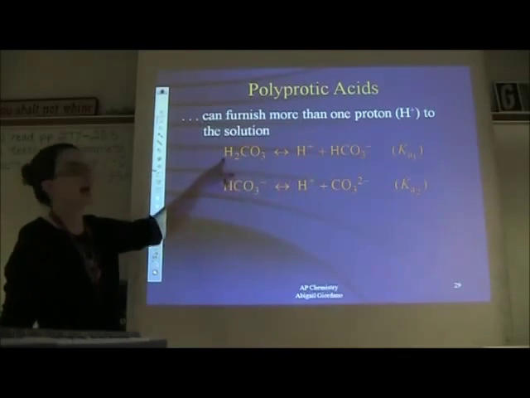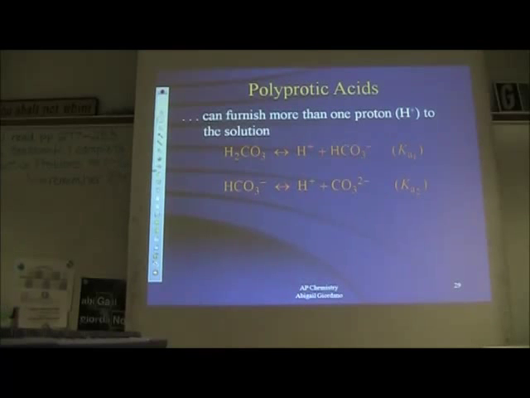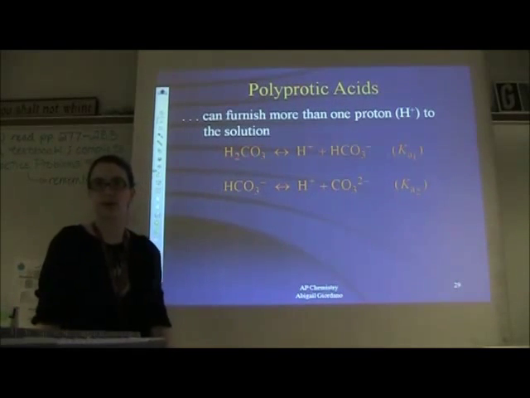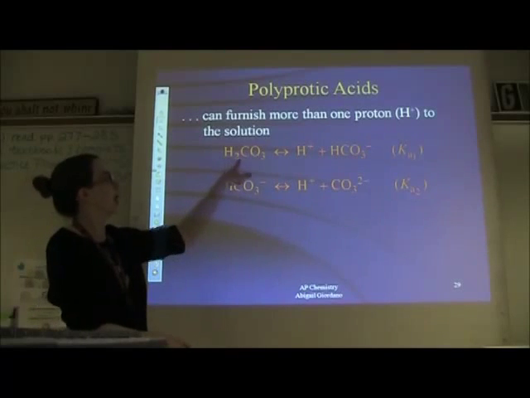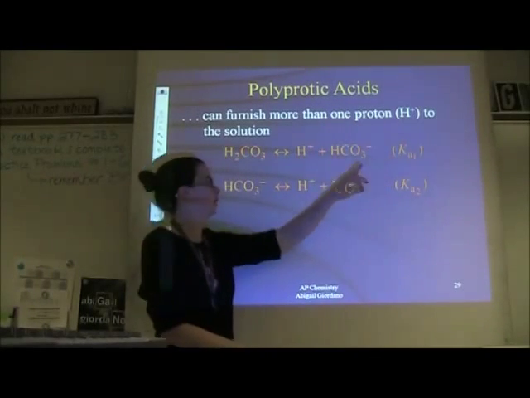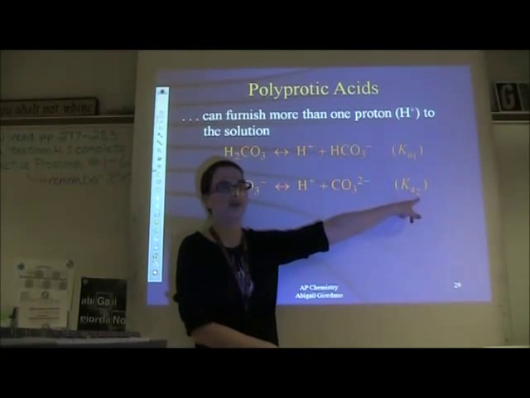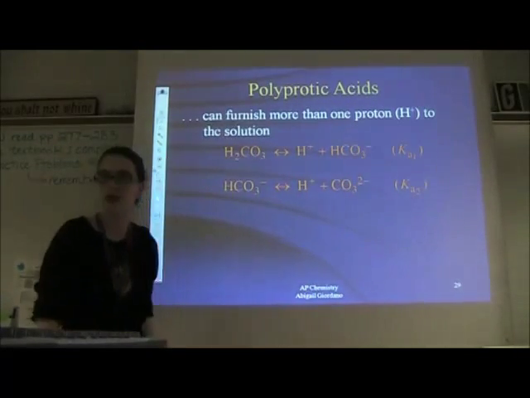It can also accept a hydrogen. Now, I want you to also notice that these have their own Ka values. Carbonic acid has a Ka value, and this ion has a different Ka value. That's why it says Ka1, Ka2.